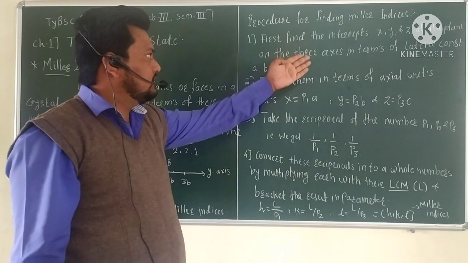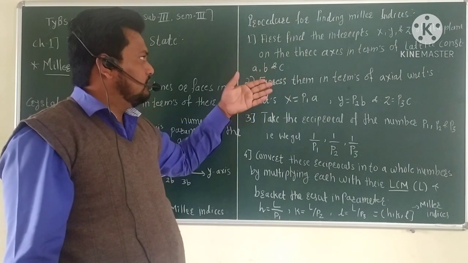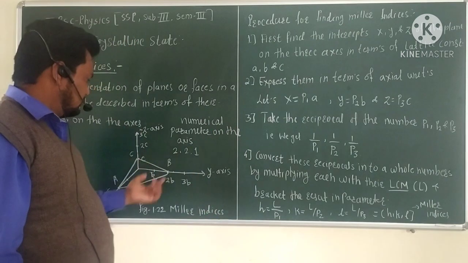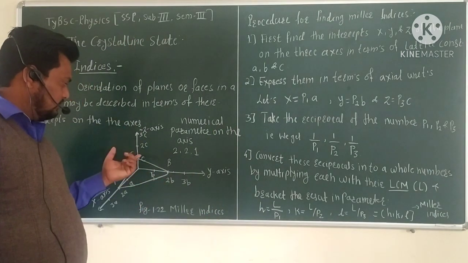See the procedure once again. First, find the intercepts of x, y, z of a plane on the three axes, which are 2a, 2b and c.